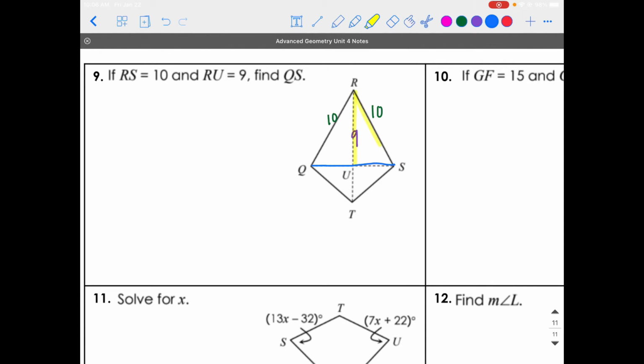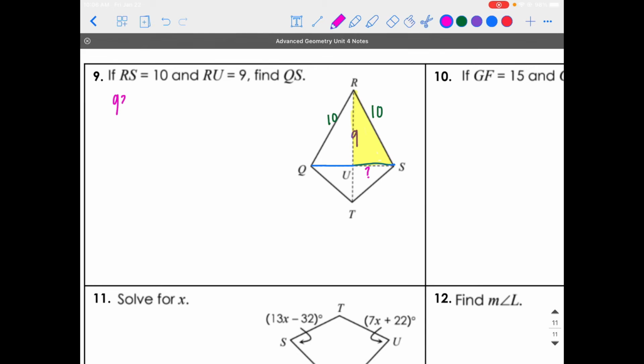So we can do Pythagorean theorem of just this right triangle, and that'll give us the length US.